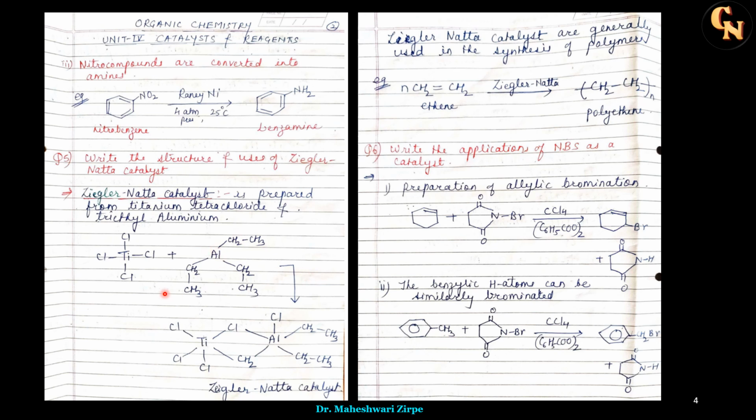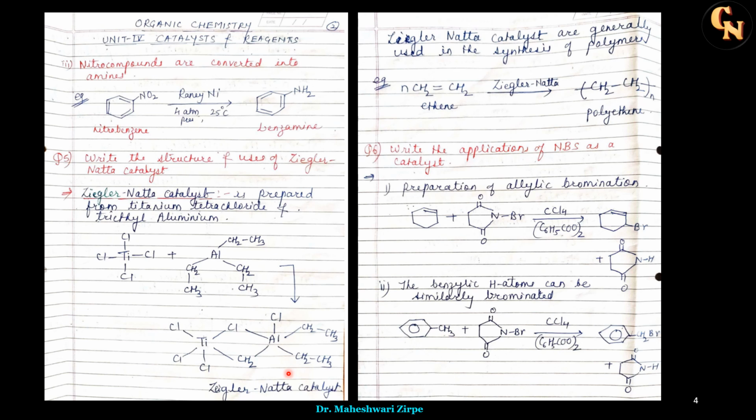Now when you react these two things, whatever product you get is called Ziegler-Natta catalyst. So you can see here that the ethyl group has been attached with titanium, and this catalyst that we get is known as Ziegler-Natta catalyst. So it is just the combination of titanium tetrachloride and triethyl aluminum.